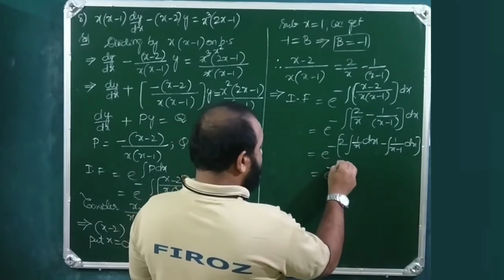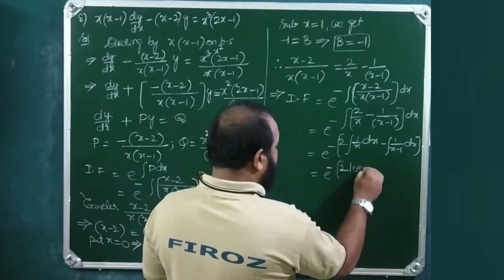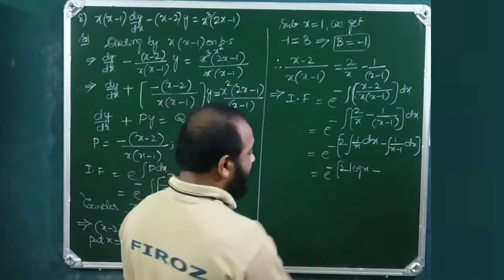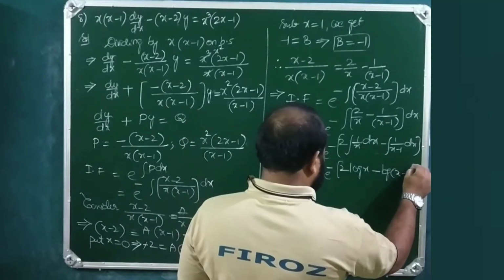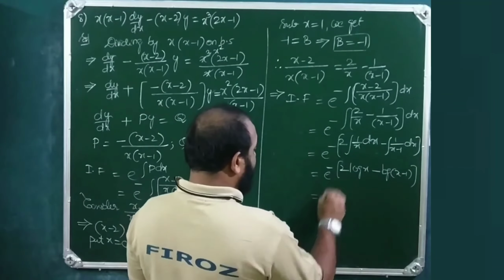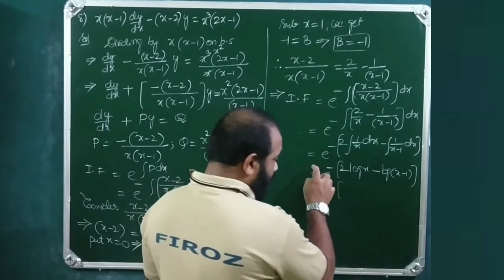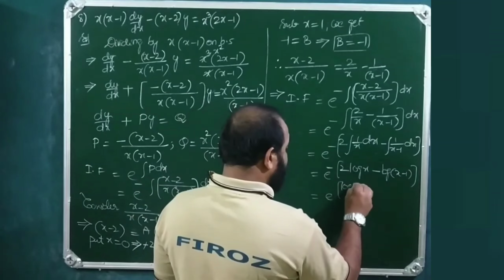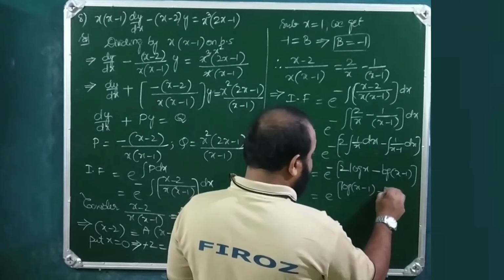So e power minus, 2 into integral 1 by x dx is log mod x, minus integral 1 by x minus 1 dx is log x minus 1. This is equals to e power. Let us multiply this minus inside. Then minus into minus is plus. So log x minus 1. So this is minus 2 log x.